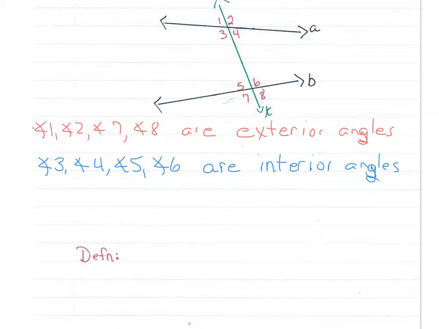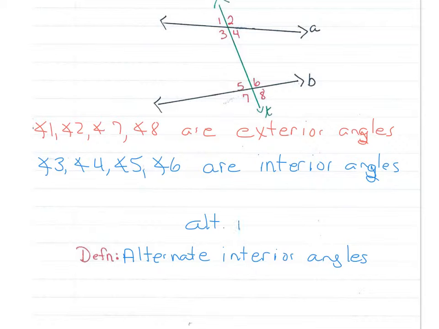Alternate interior angles, and if you have to abbreviate this, you can use this as an abbreviation. Alternate interior angles are a pair of interior angles that lie on alternate sides of the transversal.